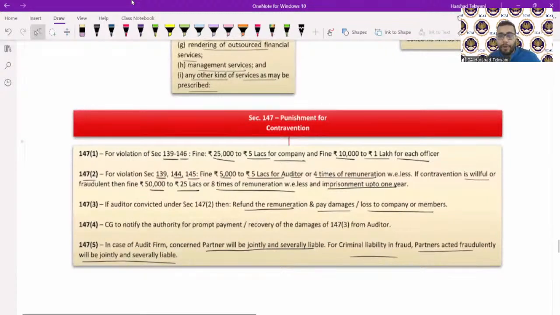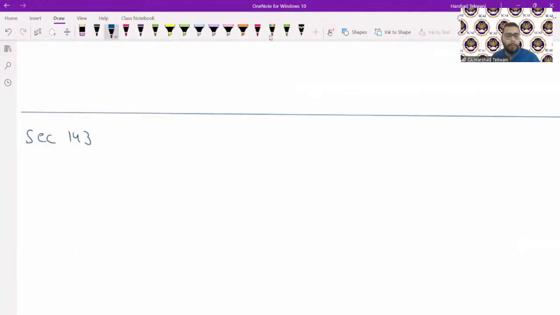Like what to report in relation to your audit. So in the audit report, what are the things which are covered? Okay, powers and duties of auditor.